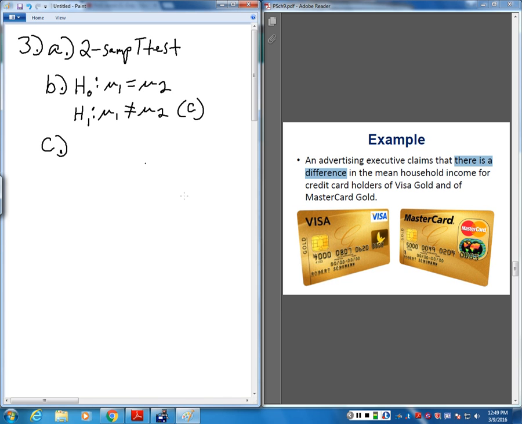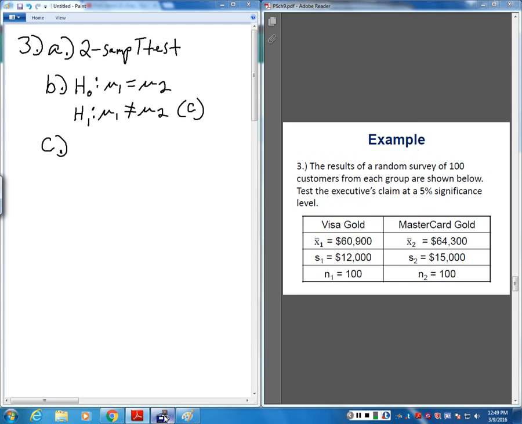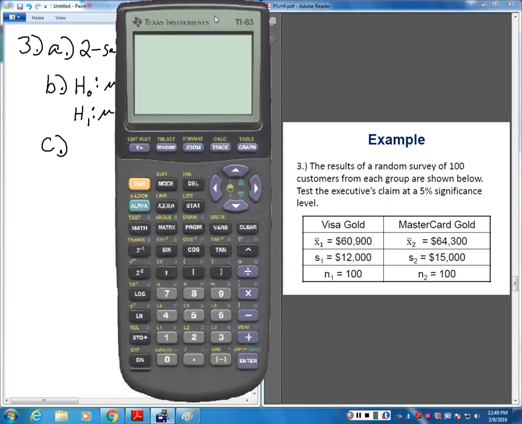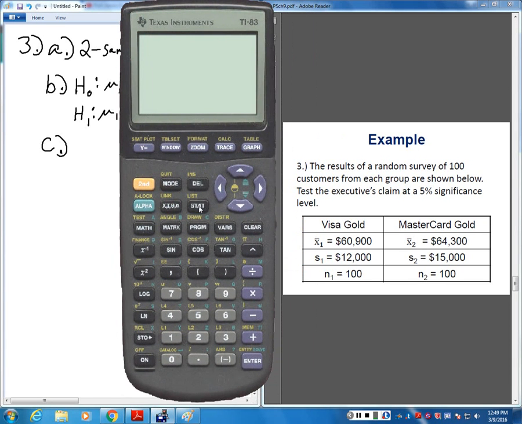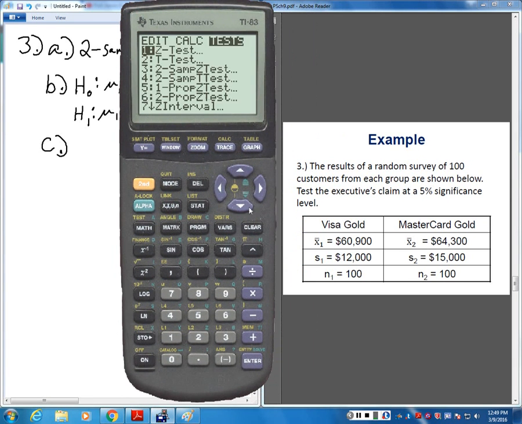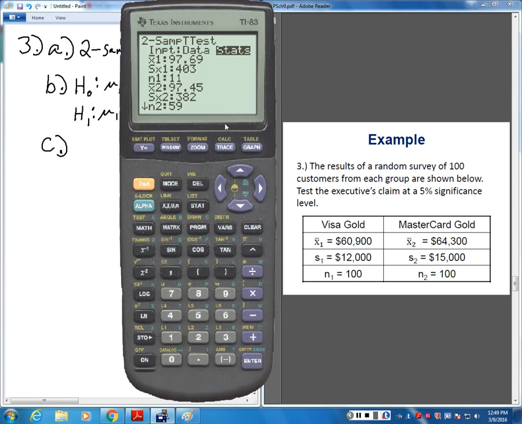For the next step, I'll find the p-value. For that, I'll use the calculator. Under Stat, Test, and 2-SampTTest, I'm going to input my data.